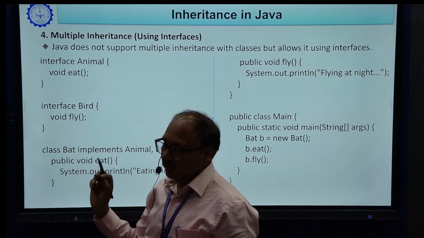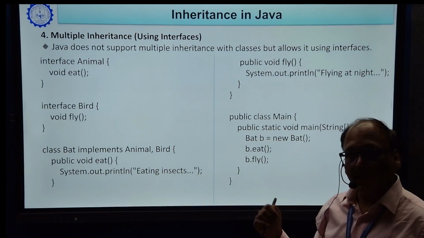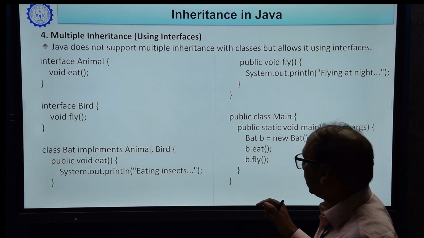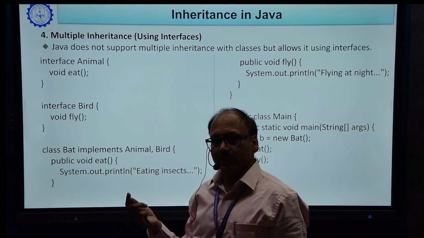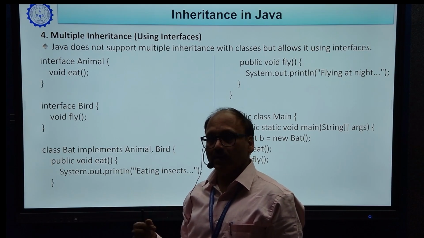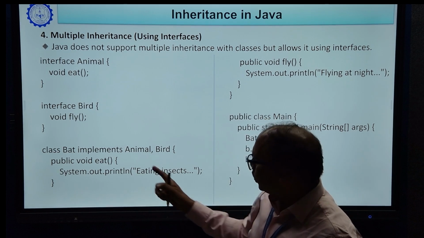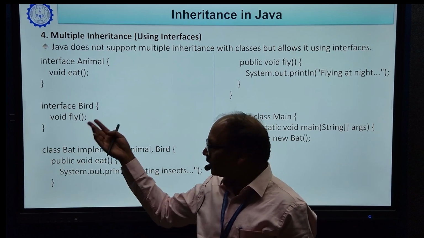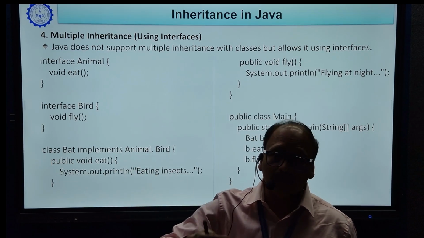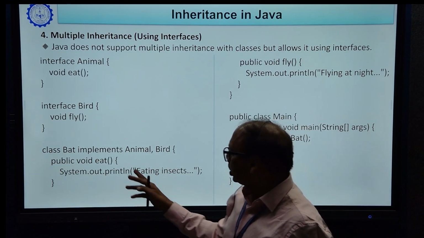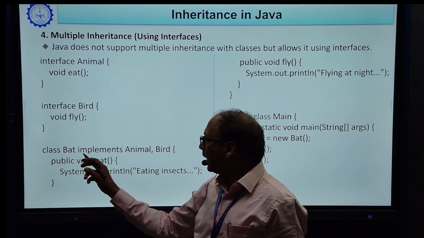This child class bat, which acquires the property of animal and bird, we can do only with the help of an interface. In case of inheritance, when we are inheriting a class, we will use the keyword extends. But in case of an interface, when a class is inheriting the interface, actually it is not inheriting, it is implementing the interface.